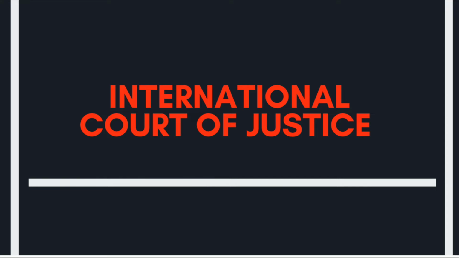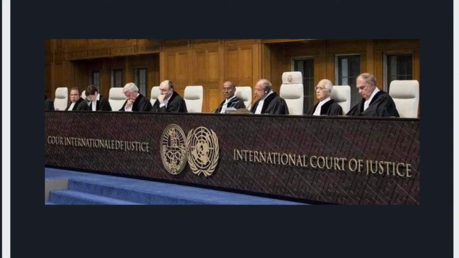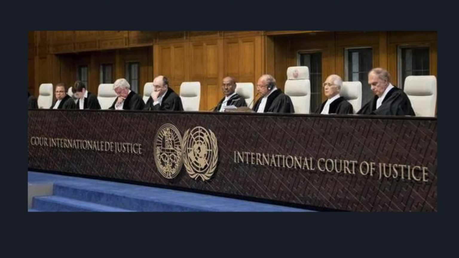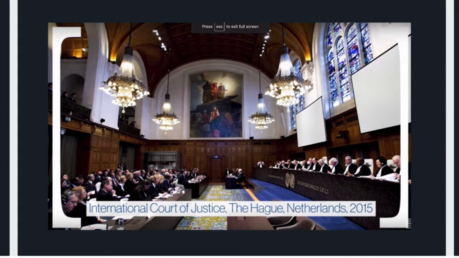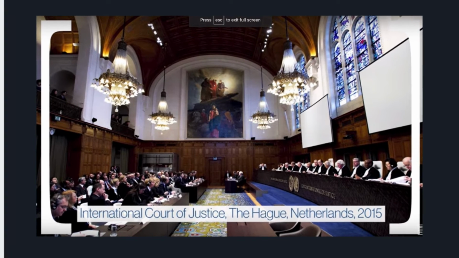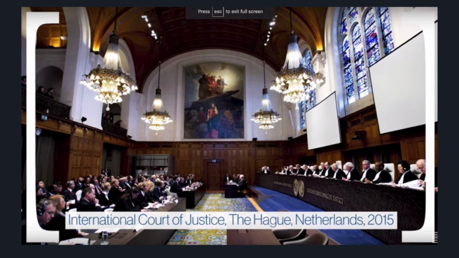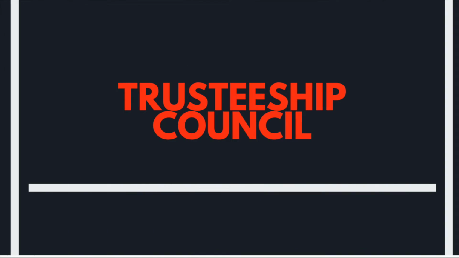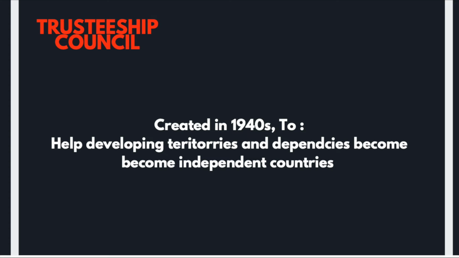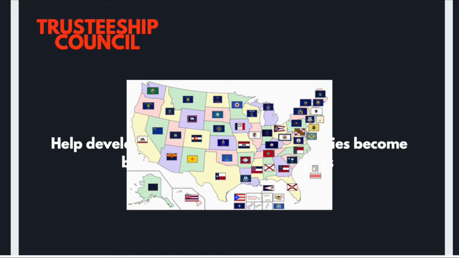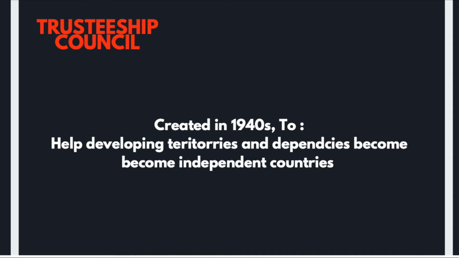The judicial arm of the UN is the International Court of Justice. This is where international law violations are debated and prosecuted, although countries with significant power can often refuse to comply with the decisions. The fifth arm of the UN is actually not operational. The Trusteeship Council was created in the 1940s to help developing territories and dependencies become independent countries.